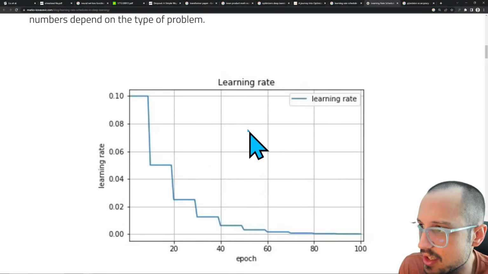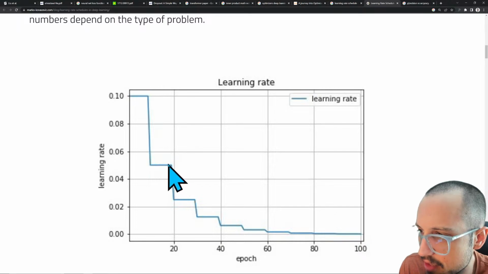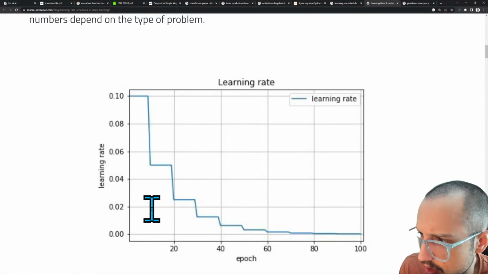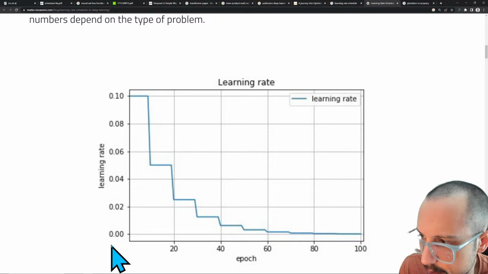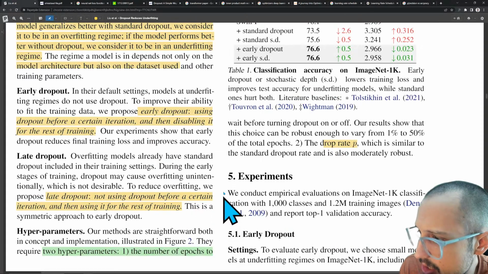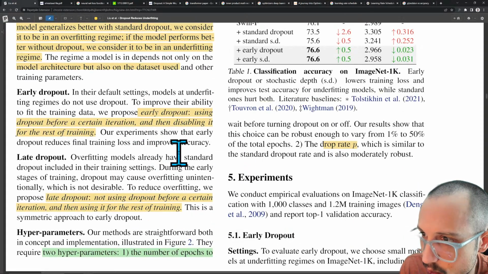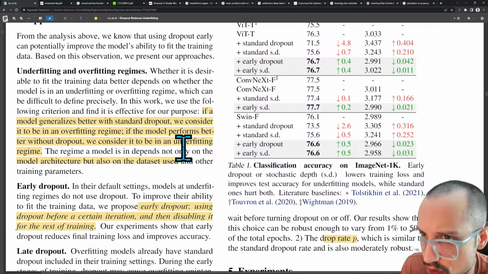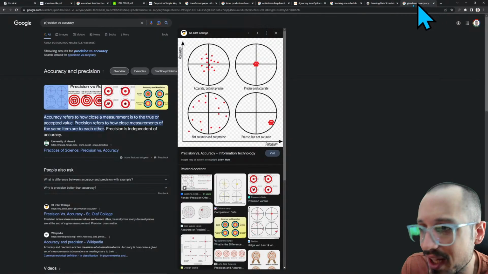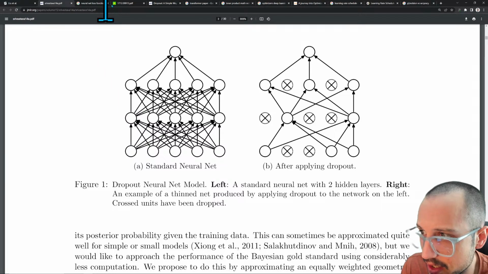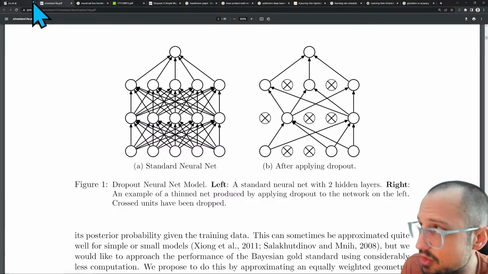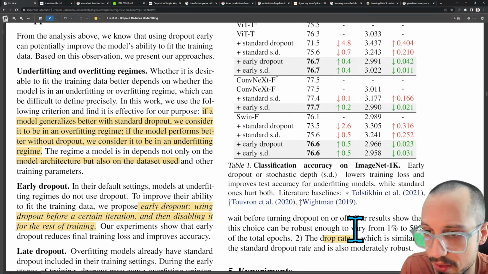I have one learning rate, and then after a certain number of epochs, I change it to this learning rate, and then after a certain number of epochs, I change it to this learning rate. So you're playing with the value of the learning rate here, right? I'd be curious if they did this for the dropout too, where rather than just saying there's dropout and then there's no dropout, you play with it. Have a dropout of 0.1, then a dropout of 0.2, then a dropout of 0.4, and so on.